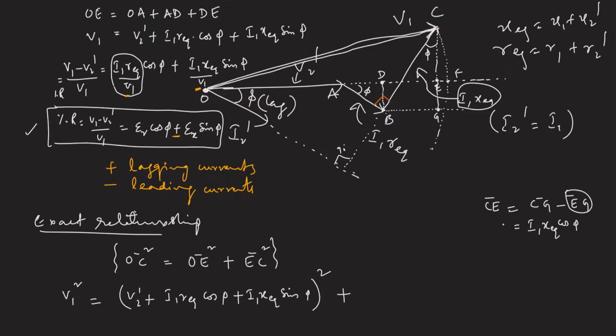This is equal to I1 R equivalent sin phi, opposite of this phi. So substituting these, I1 X equivalent cos phi minus I1 R equivalent sin phi, whole square.